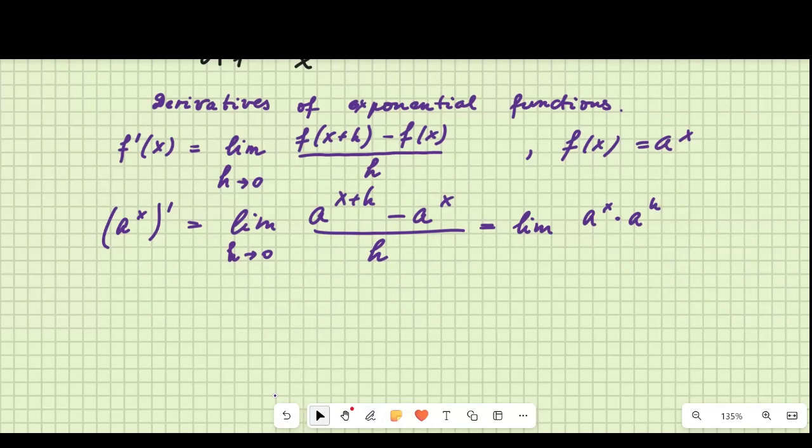Okay, why am I doing this? Because I'm planning to take something outside of parentheses. You still remember the rule that if you have two exponents with the same base, you can add the powers, right? But instead of adding the powers, I'm going to subtract them: a to the power of x here, divided by h, as h goes to 0.